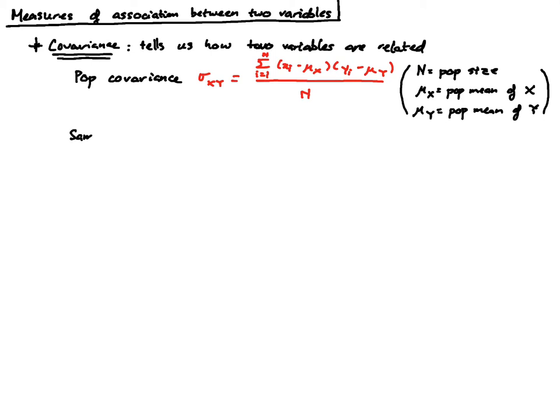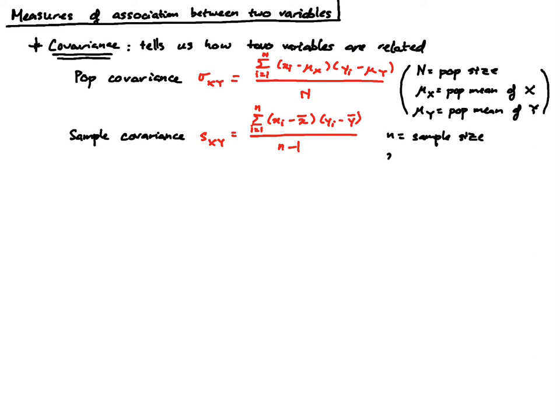And the sample covariance, which is denoted by Sxy, is equal to the summation of xi minus x bar times yi minus y bar for i going from 1 to small n divided by small n minus 1, where small n is the sample size, x bar is the sample mean of x, and then y bar is the sample mean of the variable y, right? Okay.